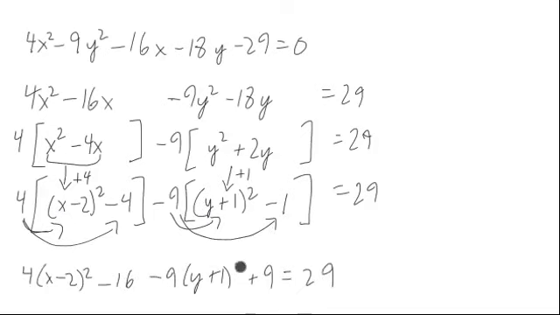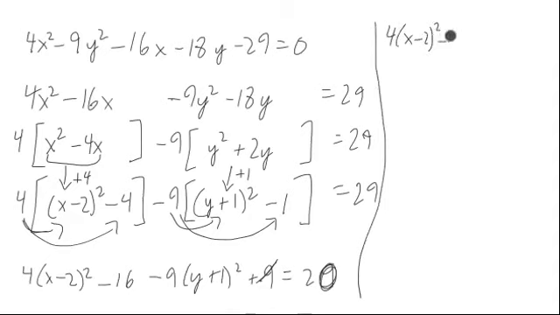Okay, subtracting 9 from both sides would leave us with a 20 over here. And then we add 16 to both sides, which would give us, we'll rewrite it right here. It was 4 times x minus 2 squared minus 9 times y plus 1 quantity squared is equal to 36.